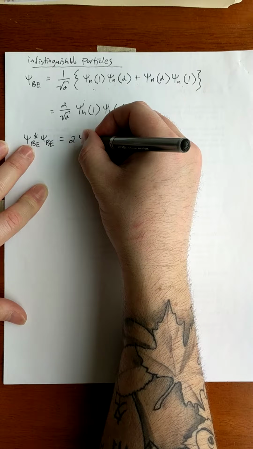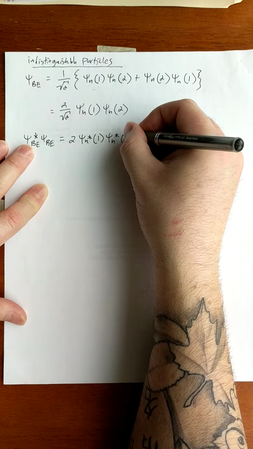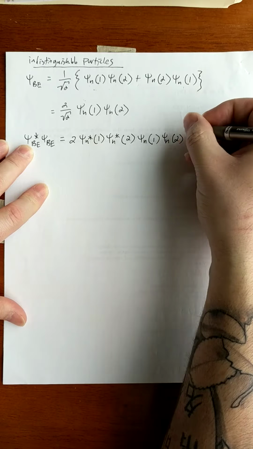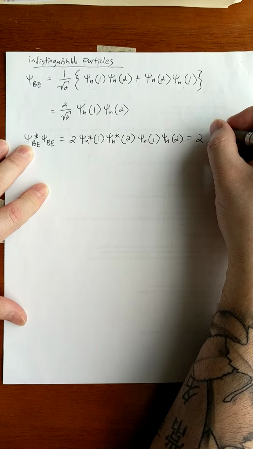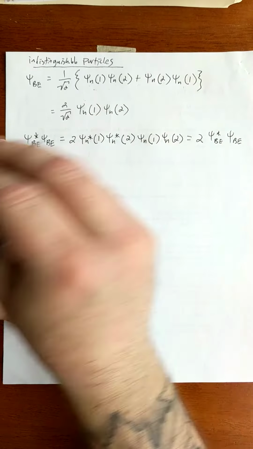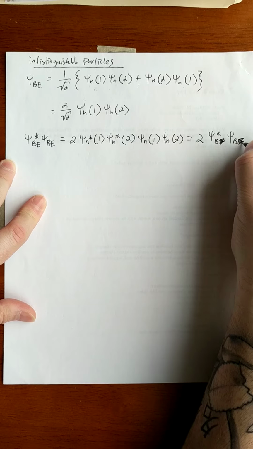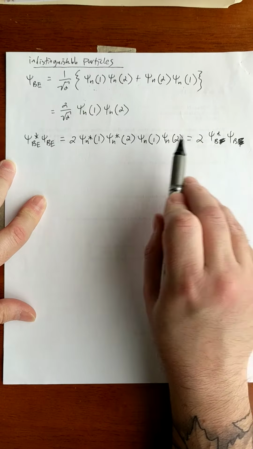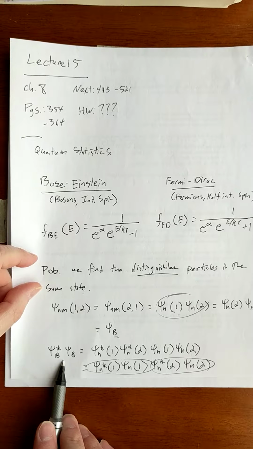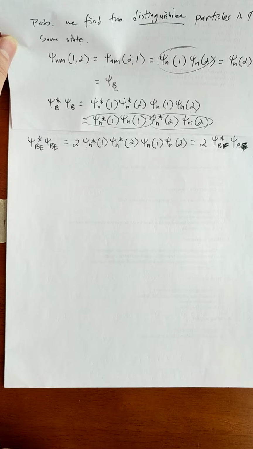So we end up with psi n star 1 psi n star 2 psi n 1 psi n 2 equals 2 psi B star psi B. Oops, no, sorry, just B. Right? It's twice this guy here, because we have this 2 out front. Right? Maybe this is a bit more clear.